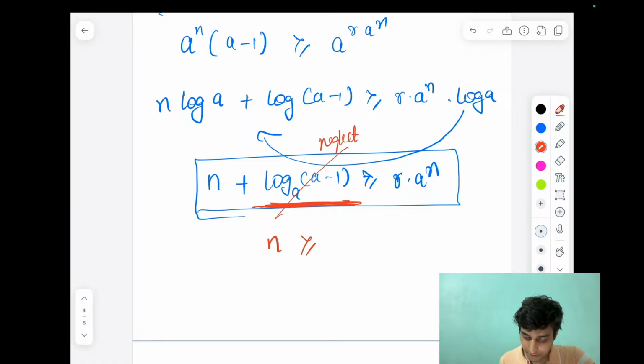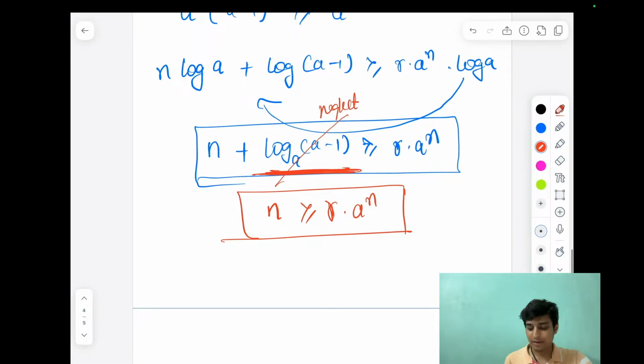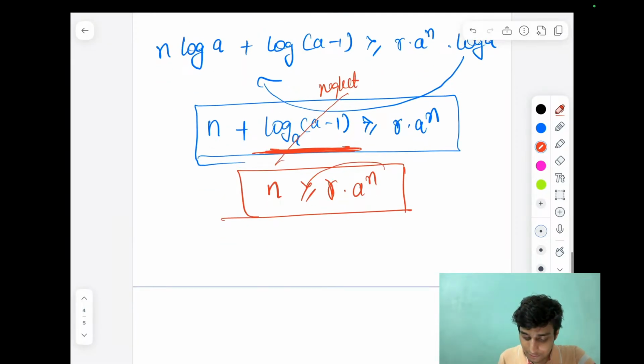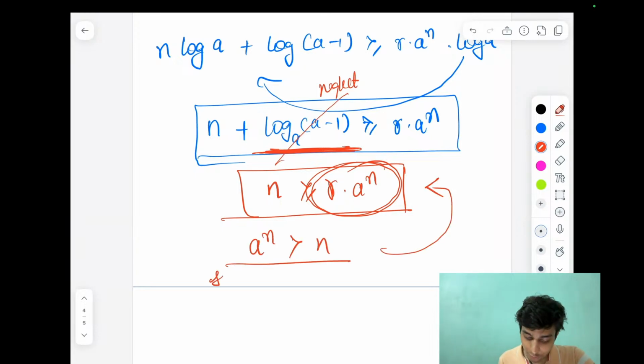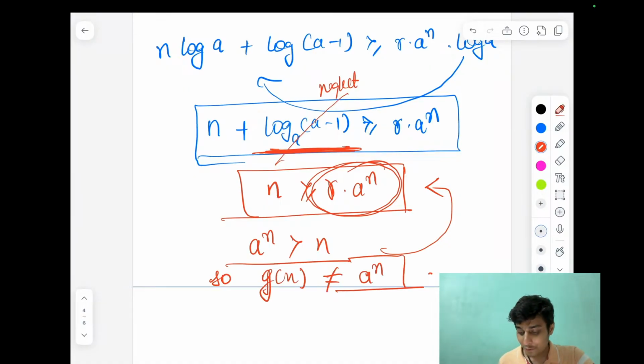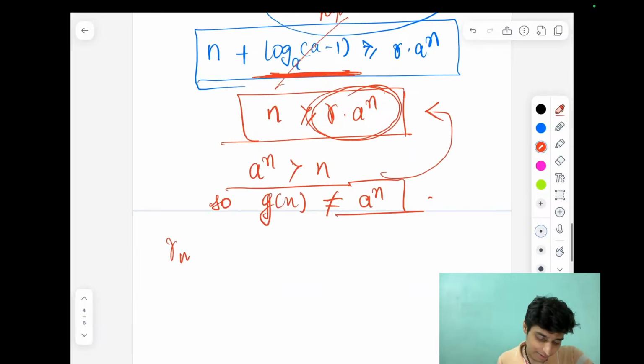I know this condition, and that condition is that this function a to the power n is always greater than n, and it's contrary. So g of n cannot be a to the power n. So what we get is r max equal to 1 by 4.